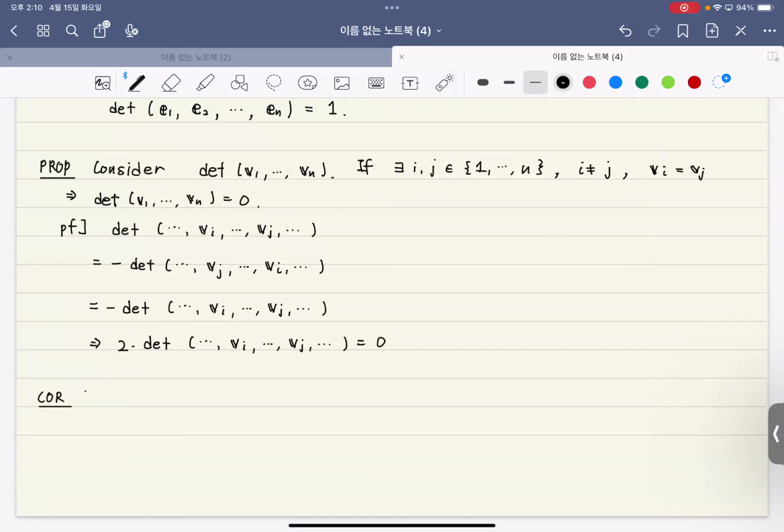Also, likewise, if your matrix A has a 0 row, then the determinant of A must be 0.